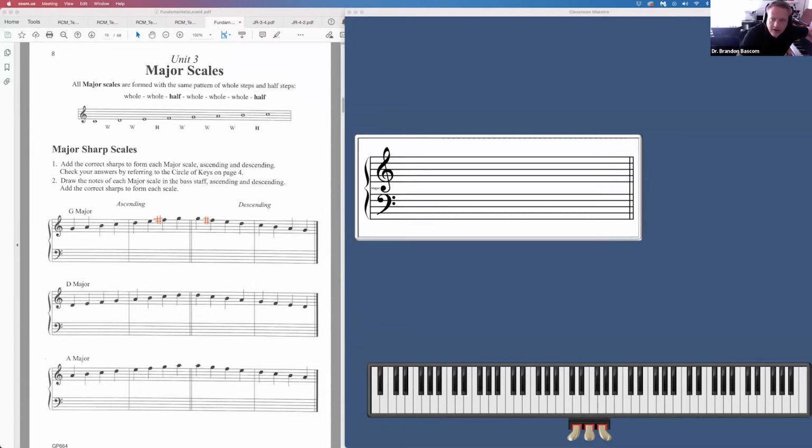We also have to add our notes in the bass clef. So go ahead and do that, and then add your sharps or flats.